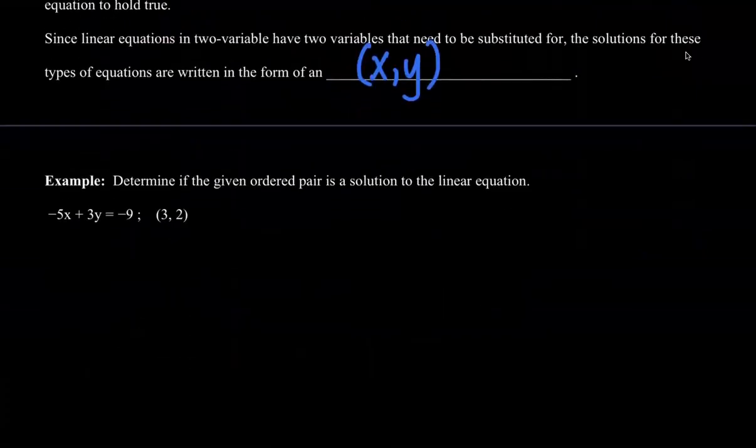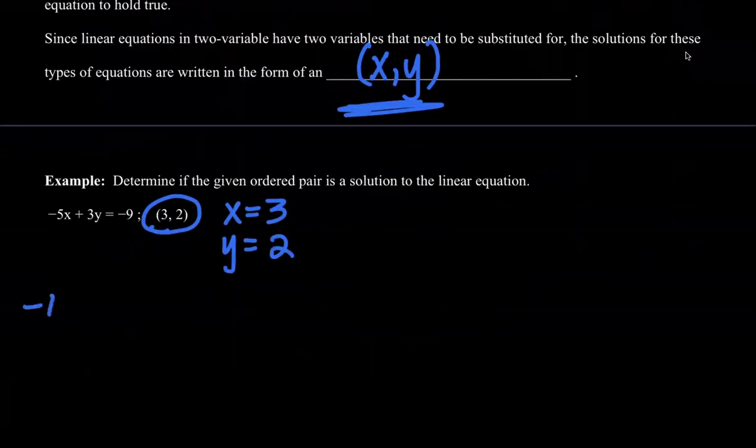Determine if the given ordered pair, which is this, is a solution to the linear equation. So this is telling us that everywhere we see an x, we're going to put a 3. Everywhere we see a y, we're going to substitute in a 2. So I'm going to copy this equation, but I'm going to open a set of parentheses for each variable that I'm going to drop in there.